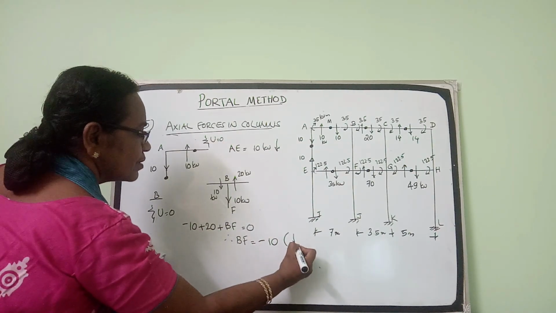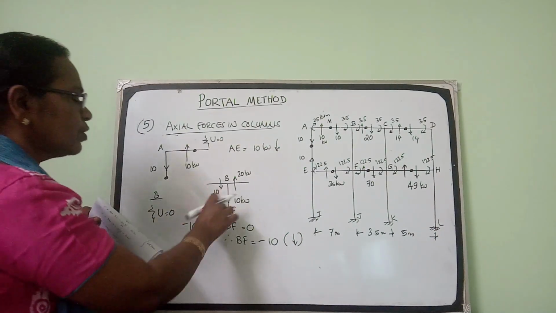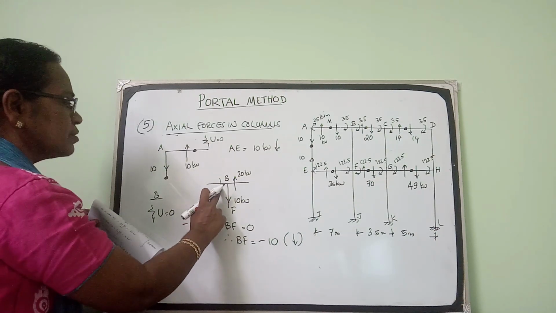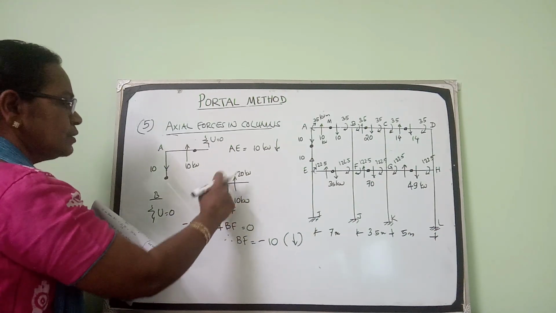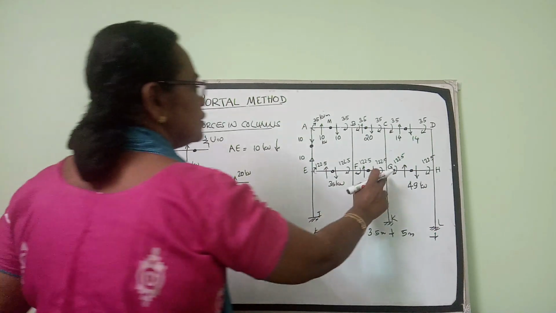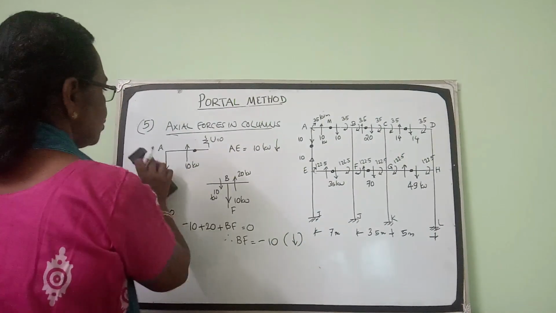That means downward. Without drawing the figure and writing the equation itself, we can write sigma V equals 0. If you apply this, there is 10 downwards, 20 upwards, so to balance this, there should be 10 downwards. Now coming to joint G. See whether we can do it easily. Coming to joint G.